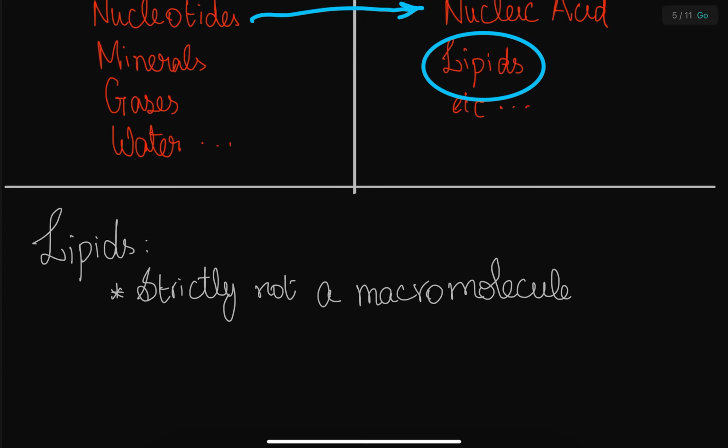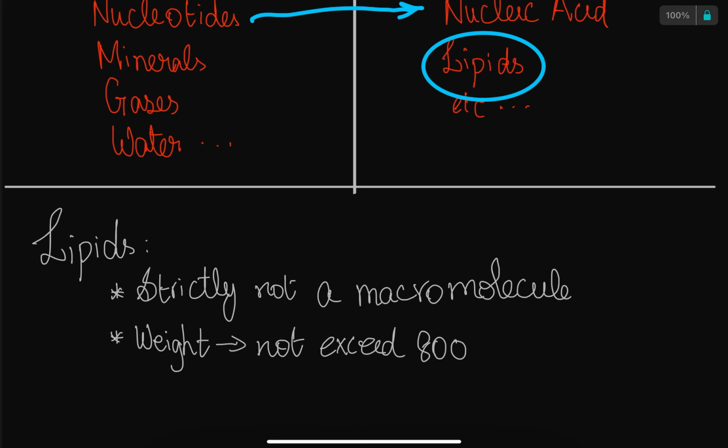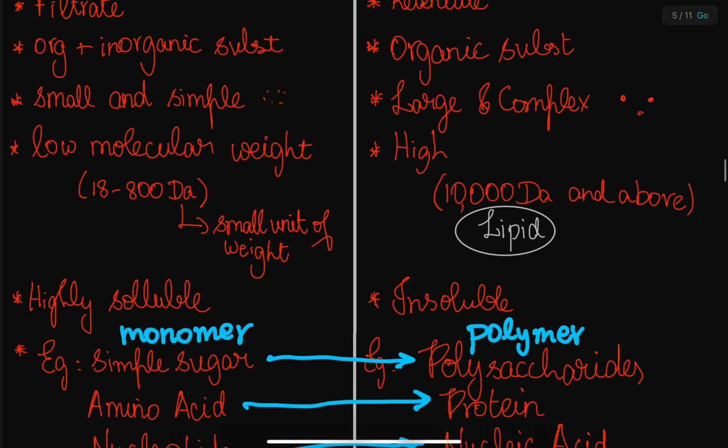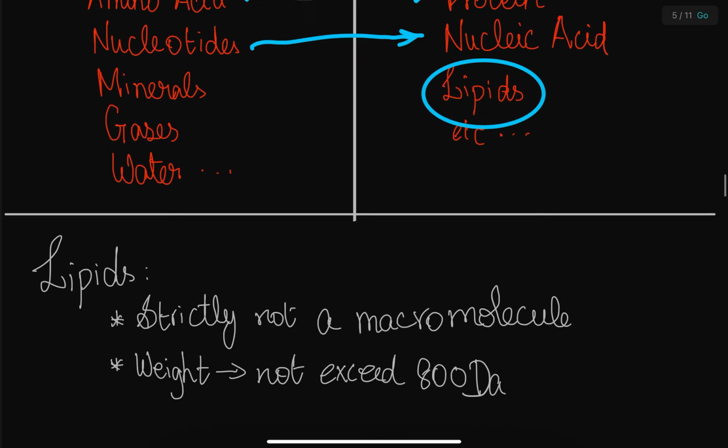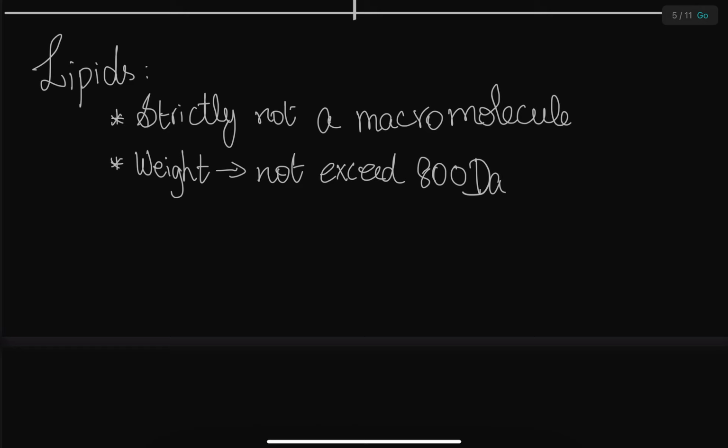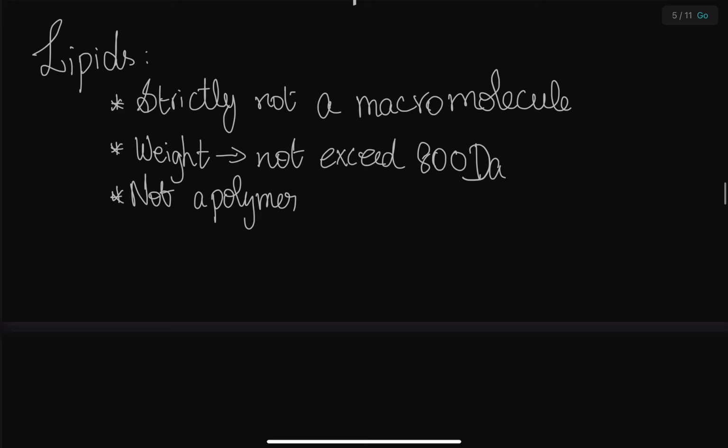Also note that its molecular weight does not exceed 800 Daltons. These are the features of the acid soluble pool. It's also not a polymer and so on. Why does it come under the acid insoluble pool?